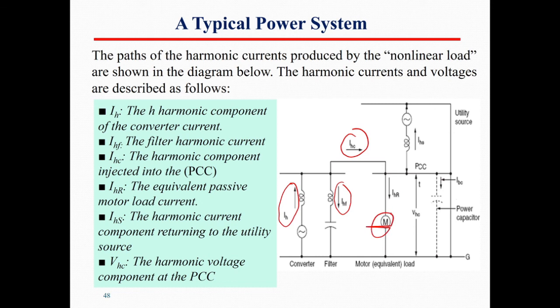The harmonic current component returned to the utility source, we call it IHS. So over here we have the harmonic current that will go back to the source. VHC is the harmonic voltage component at the point of common coupling. So we have VHC called the harmonic voltage component.